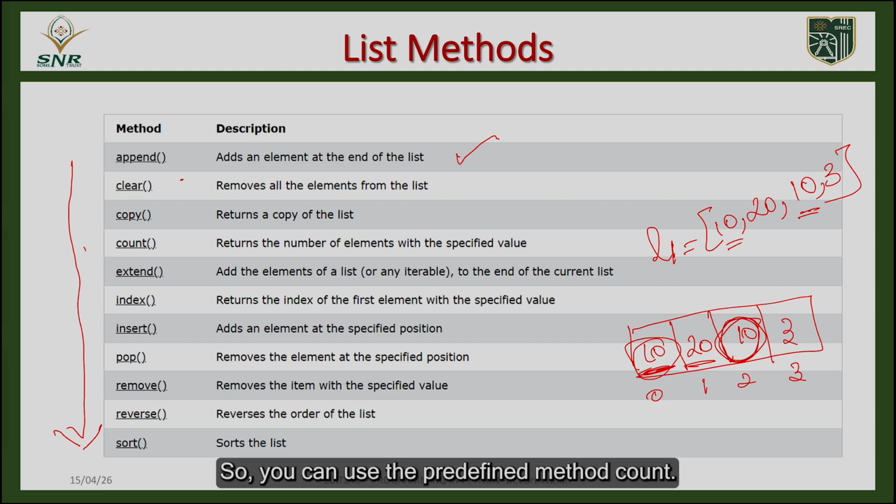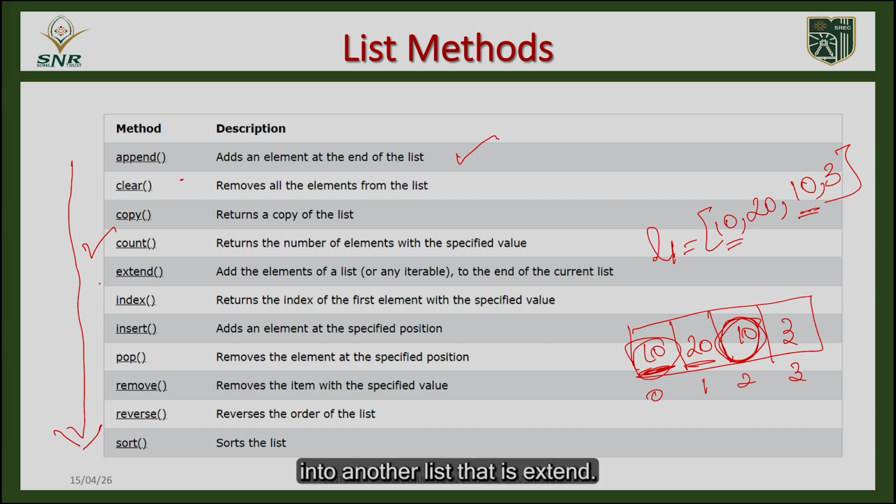So you can use the predefined method count. Extend means you concatenate, you can add the values of a list into another list. Index means to find the index position of a value inside the list.